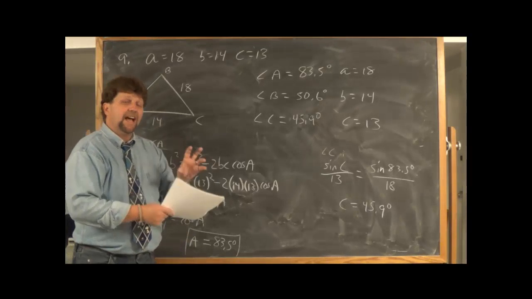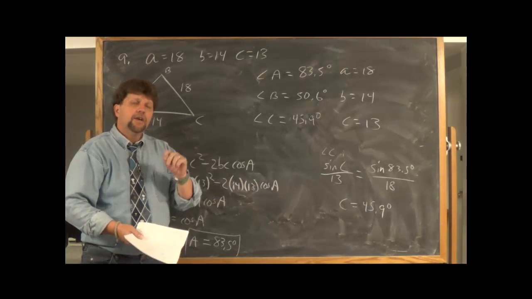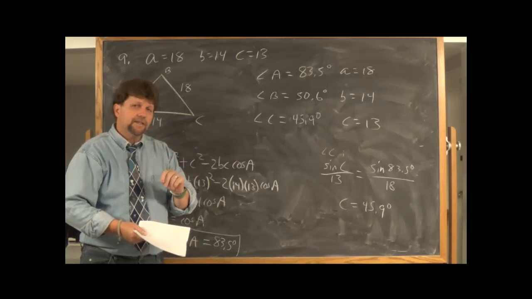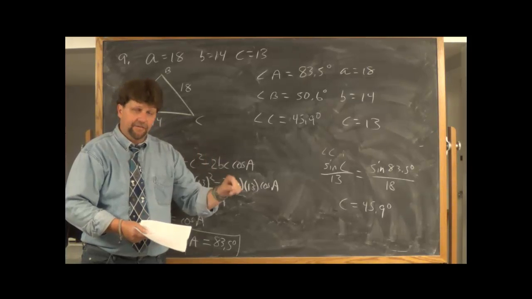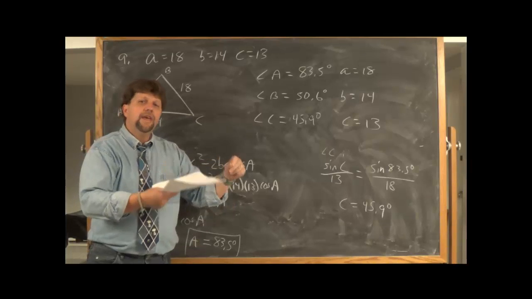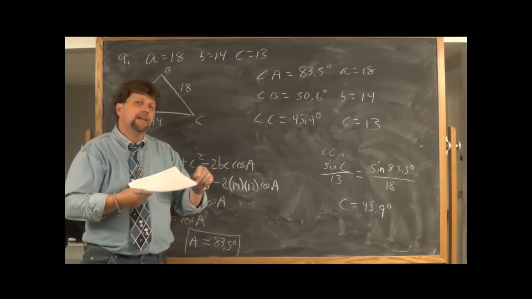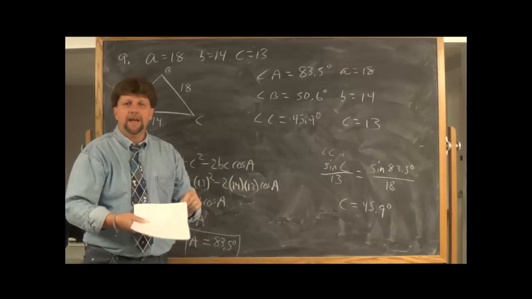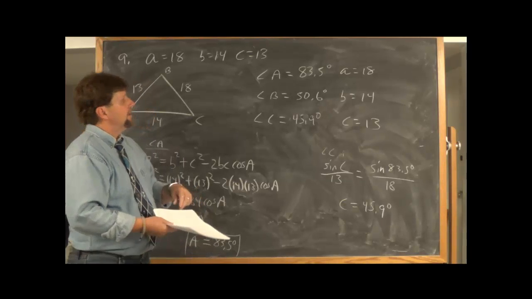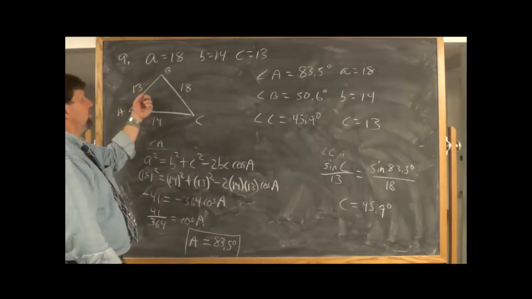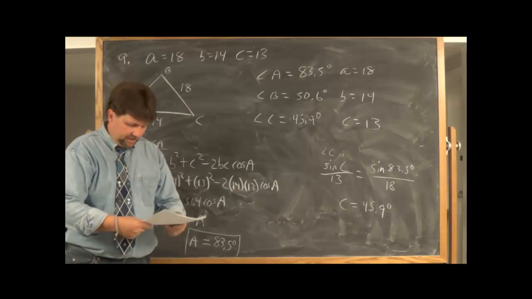If you were given side angle side, use the law of cosines to find the missing side first. Then use the law of sines to find the smaller of the two remaining angles. And that's pretty much it for number 9, plus a little bonus information.